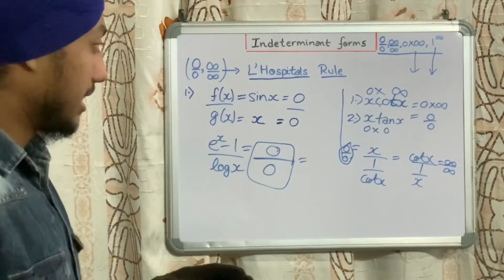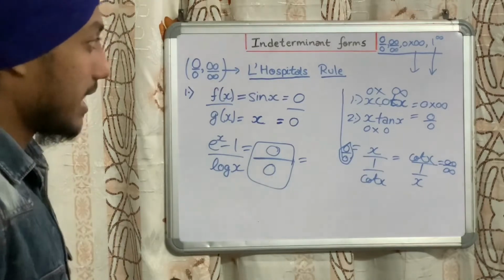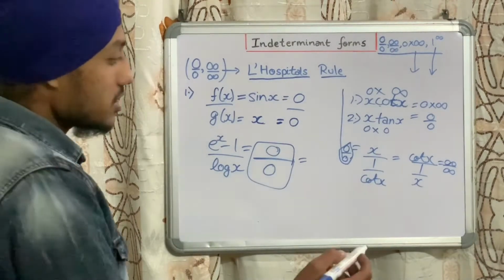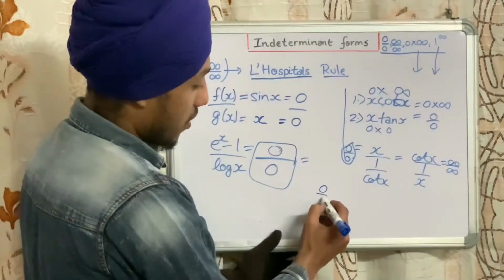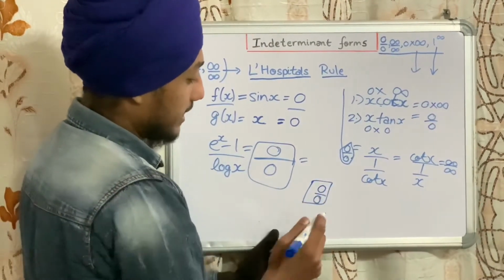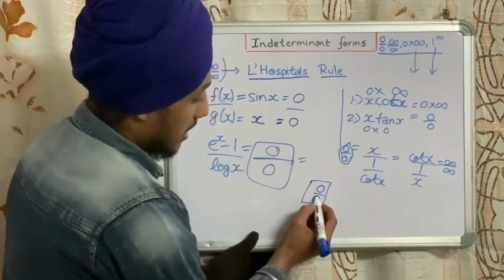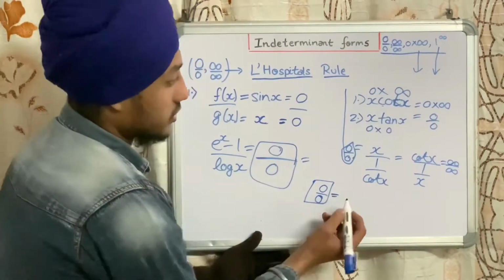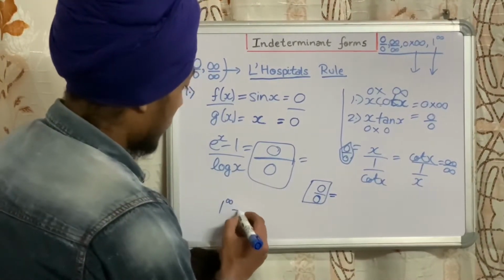First we apply L'Hopital's rule. Let's discuss what L'Hopital's rule is. First of all, we have to check whether the limit is in the specific indeterminate form or not. Let's look at the example 1 raised to the power infinity.